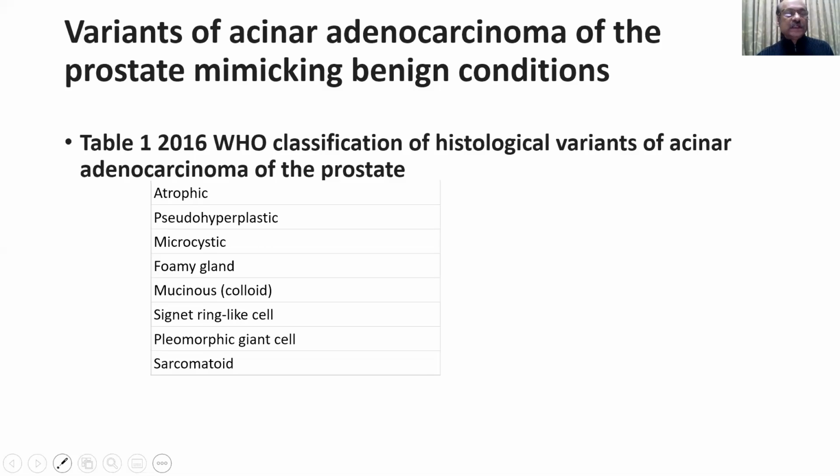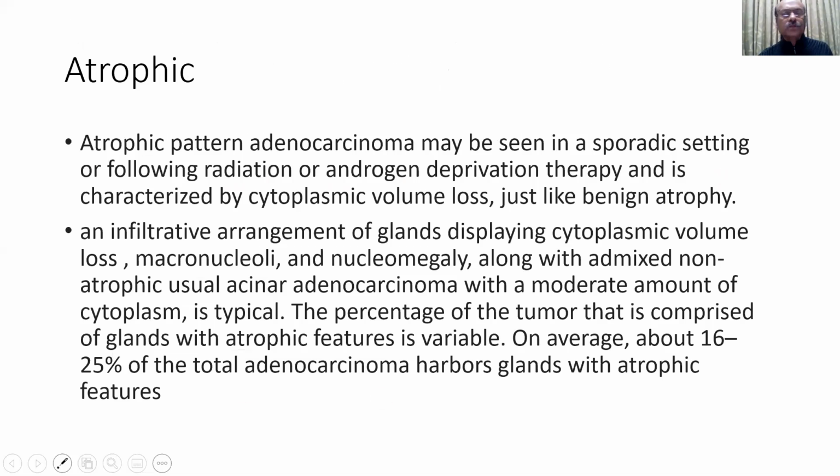Now this is a table in the 2016 WHO classification of histological variants of acinar adenocarcinoma of prostate. These are the variants listed in this classification, and later on some other variants have come out. The first variant is atrophic adenocarcinoma.